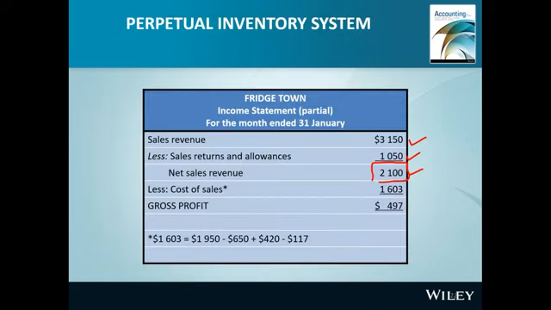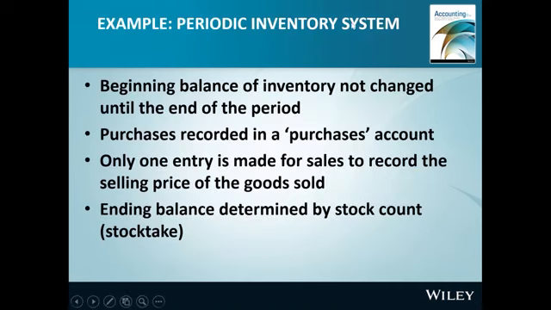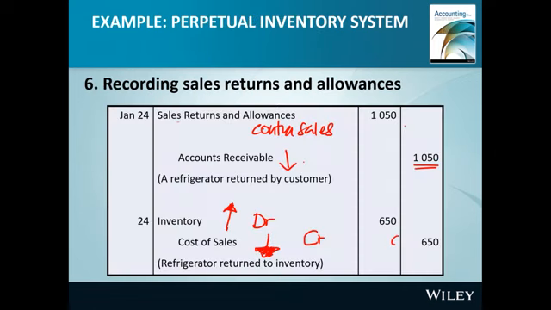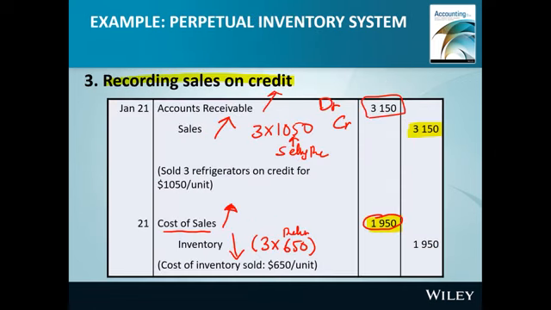And we also have some other adjustment. The 420 is the freight outward. So that's why we have the cost of sale 1603. That is how we use the perpetual inventory system to record our transactions involving a retail business.